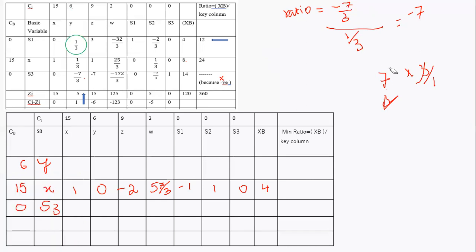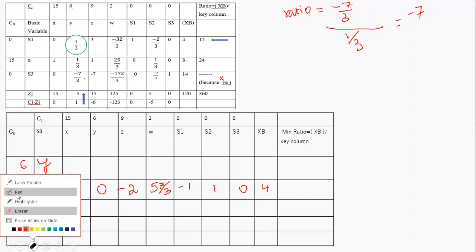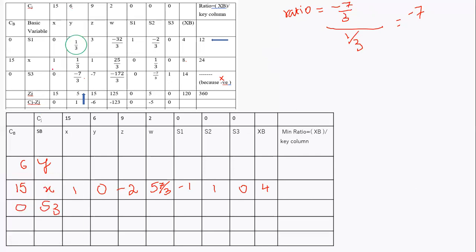And then we use only the one line formula. New row is equal to old row. Old row means the number which I want to make as 0, that row represents my old row.